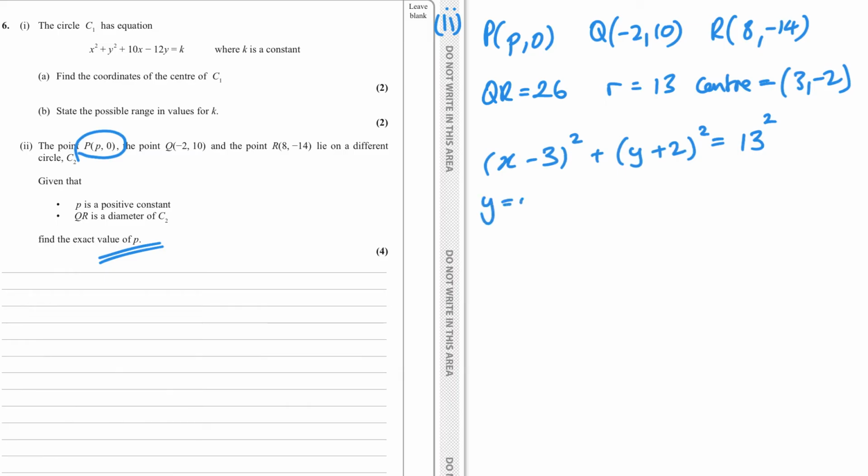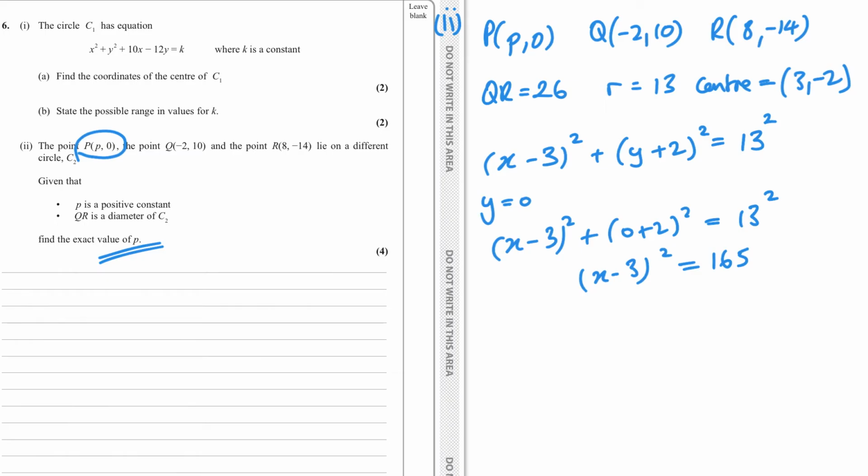So when y equals 0, we have x minus 3 squared plus 0 plus 2 squared equals 13 squared. So I've got x minus 3 squared, and that is going to equal 169 minus 4, so 165.